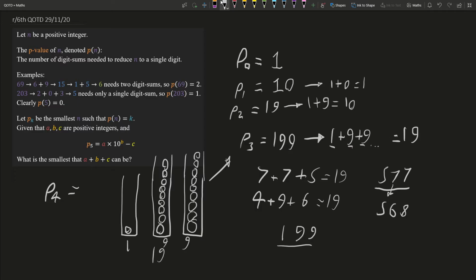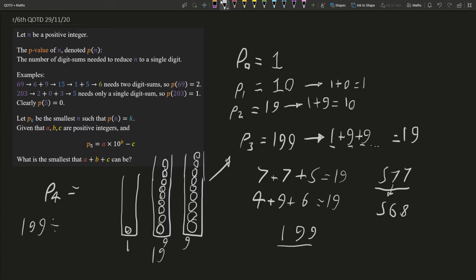Okay, so we can try a similar tactic for p4. We'll need to distribute 199 balls into these boxes. And we can use the same analogy in order to get p4 using p3. So with p3, we have 199, let's say we have 199 balls. The boxes are still the same, so the boxes are at most 9, representing the digits. So, how many boxes do we need?